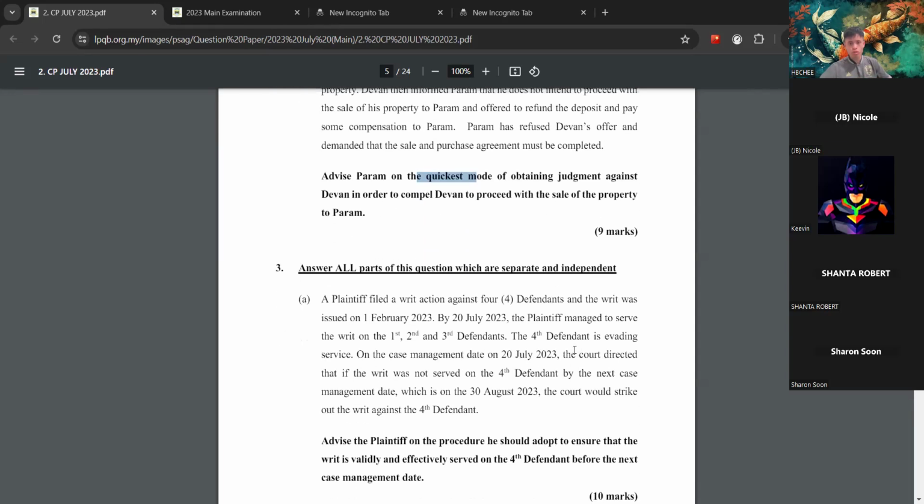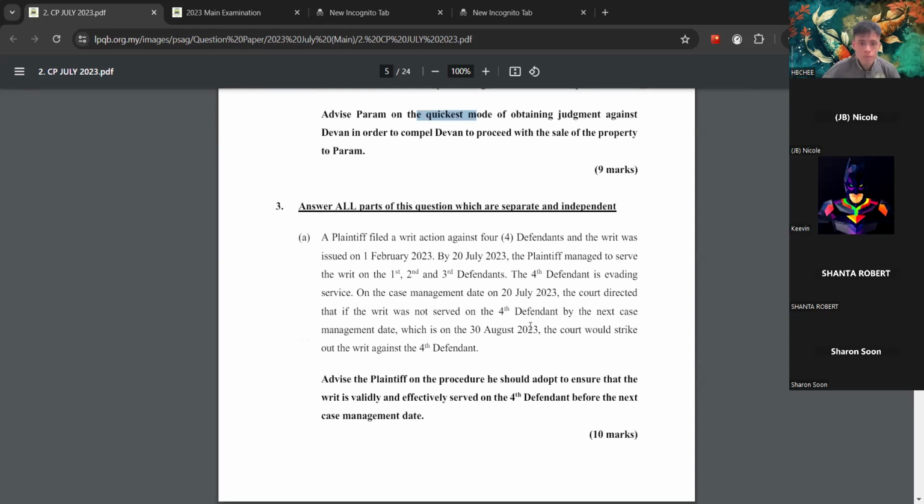Okay, then we move to the third one. A filed a writ action against four defendants and the writ was issued on 1st February. By 20th of July, P managed to serve the writ on the first, second, and third defendants. The fourth defendant is evading service.